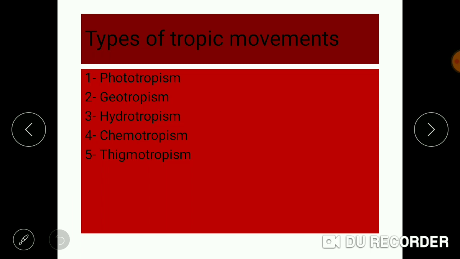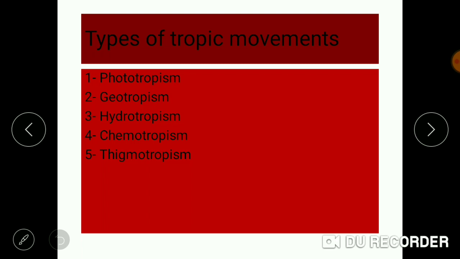There are 5 types of tropic movements: phototropism, geotropism, hydrotropism, chemotropism and thigmotropism. Phototropism is the response of the plant to light. Geotropism is response to gravity.